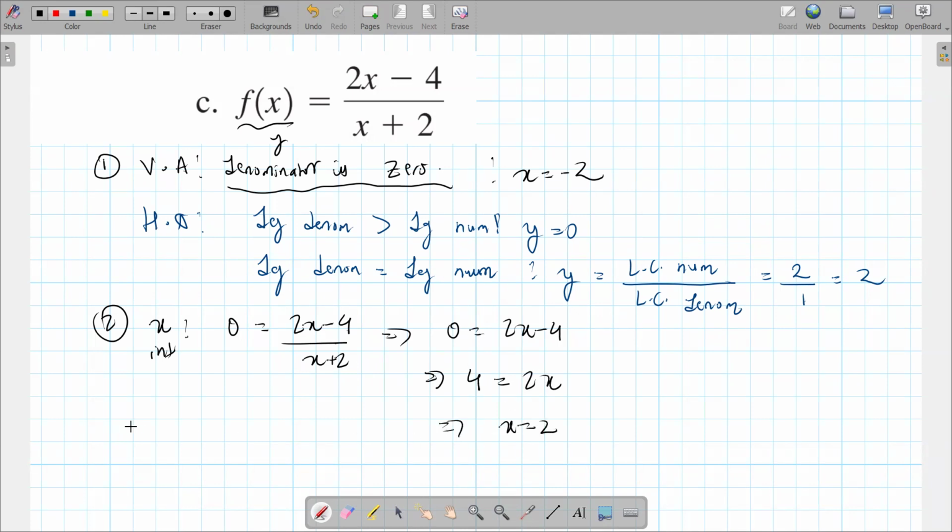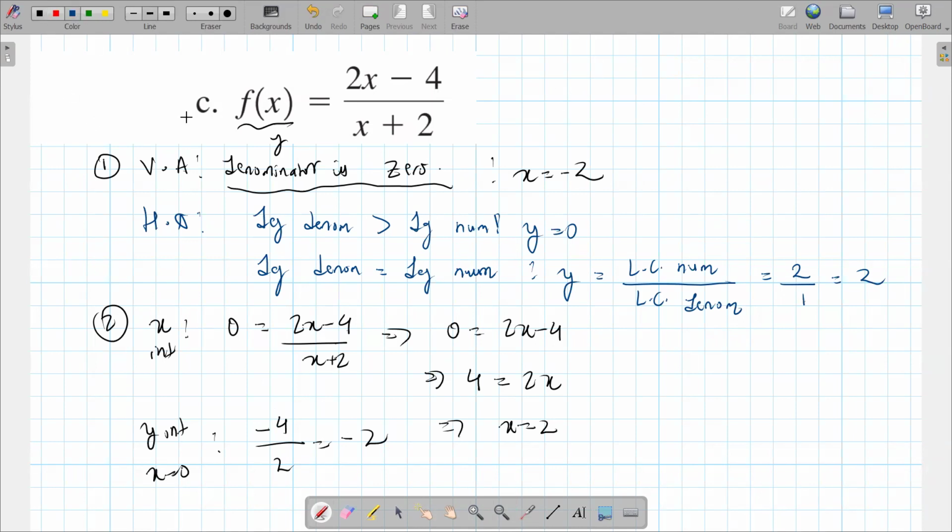So that's your x-intercept. And then we want to find our y-intercept by setting x = 0. The x-intercept is when y is 0. The y-intercept is when x is 0. So 2 times 0 minus 4 is minus 4. 0 plus 2 is 2. So we have -2.